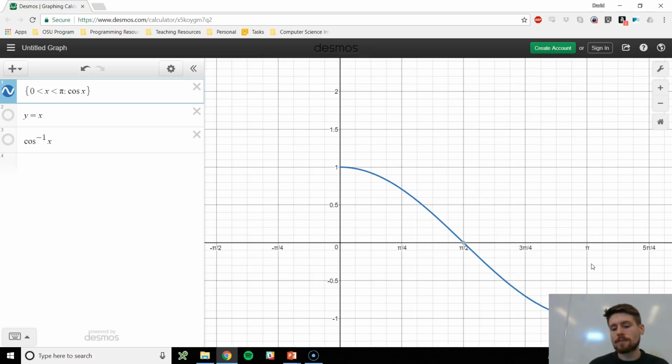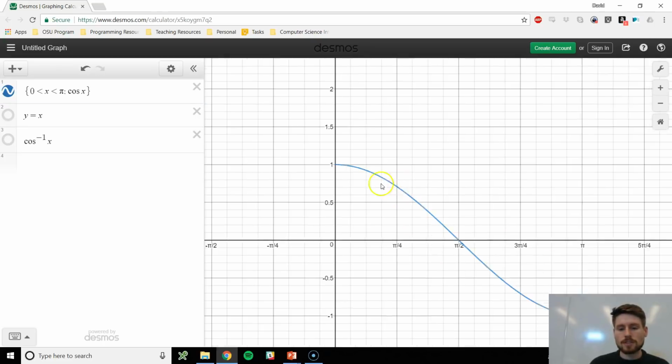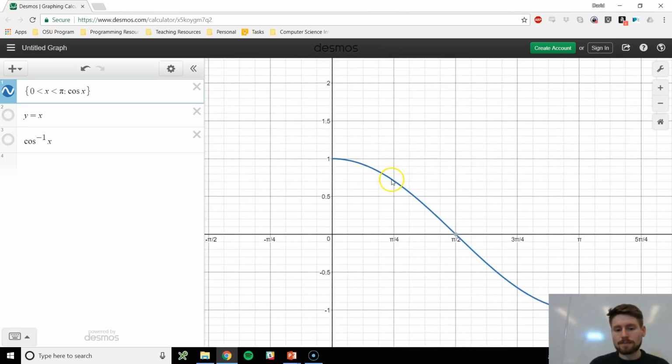So that's what the graph of cosine looks like. And this is called the principal branch of cosine. It's the part of cosine close to 0 that's 1 to 1. So this chunk is all we get.